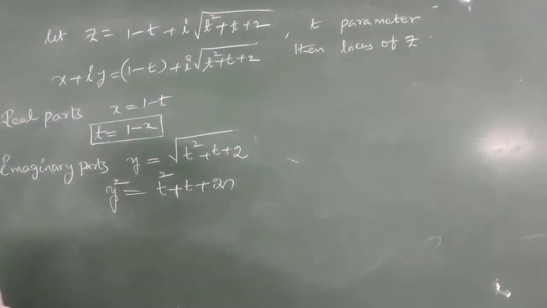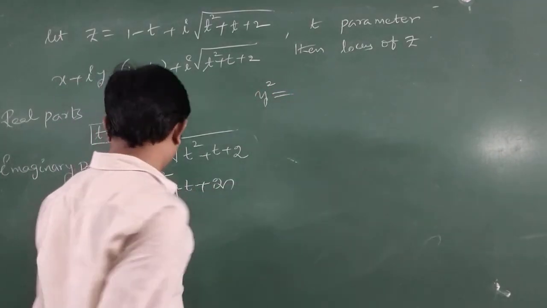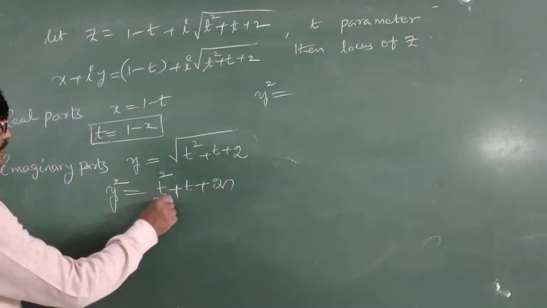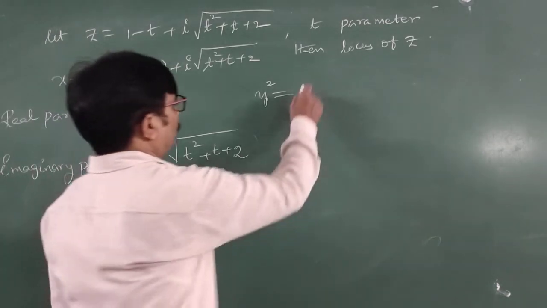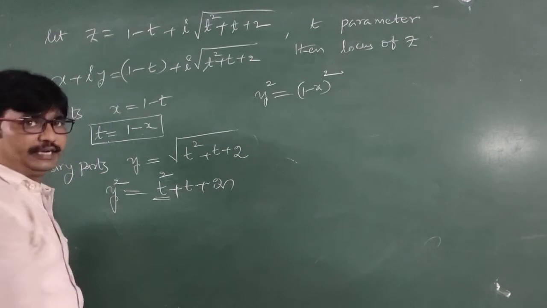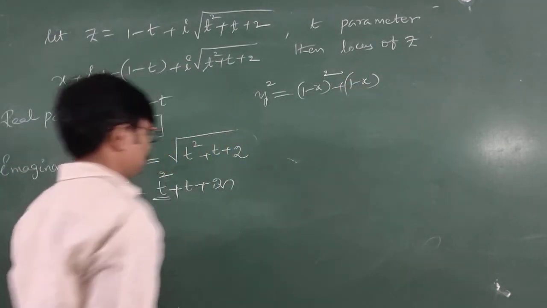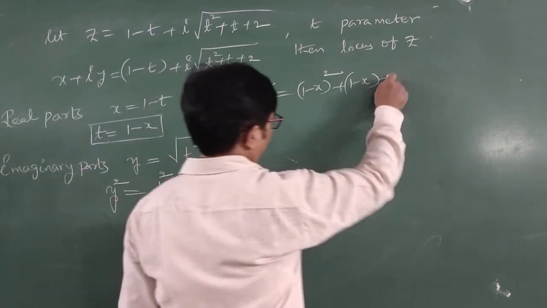So students, this can be written as y square = (1 - x) whole square + (1 - x) + 2.